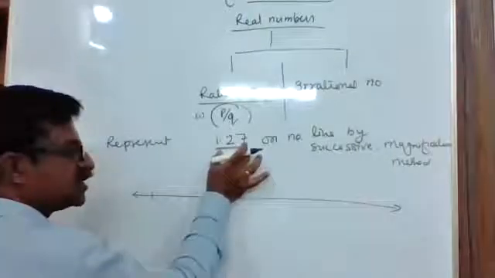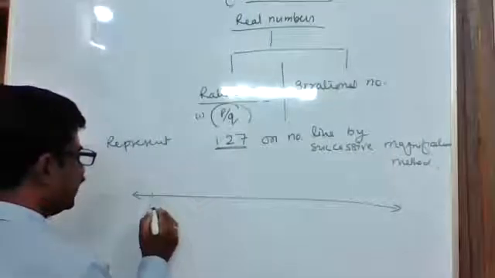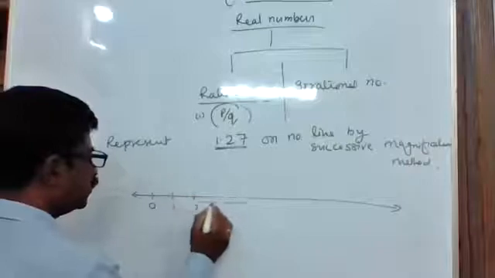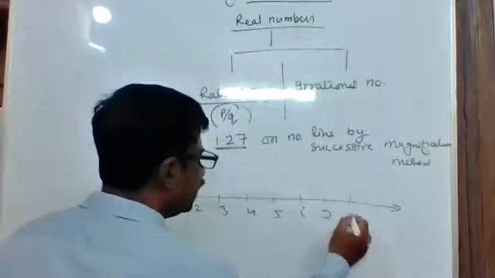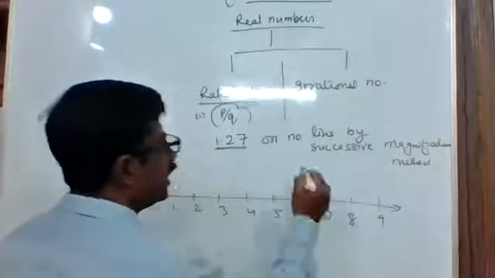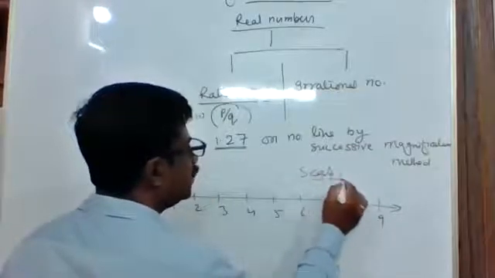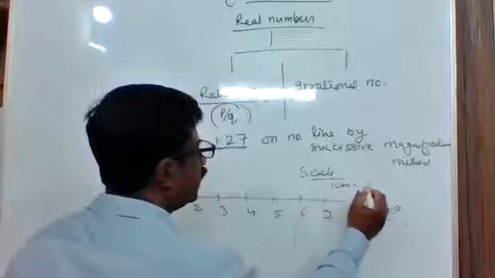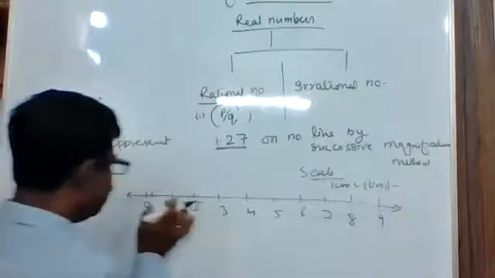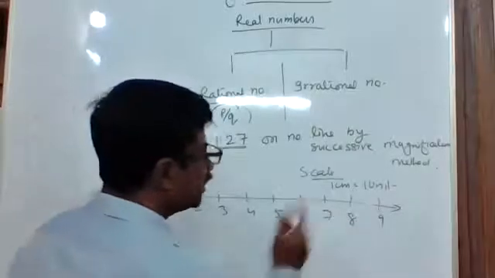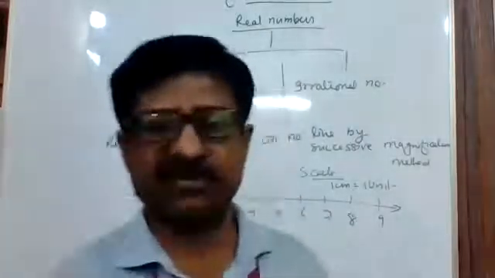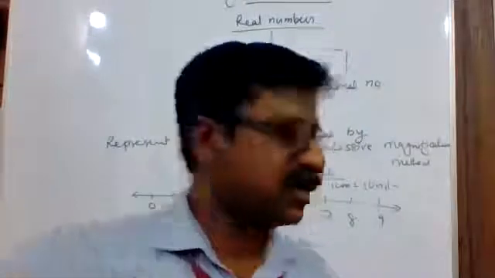Since the numbers are positive, we'll take 0, 1, 2, 3, 4, 5, 6, 7, 8, 9. On scale we'll write as usual 1 centimeter equal to 1 unit. We're taking 1 centimeter at equal distances. We have marked the points 0 to 9, 10 lines we have drawn.